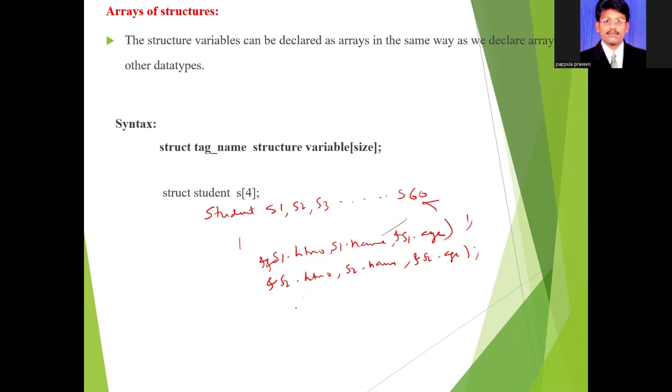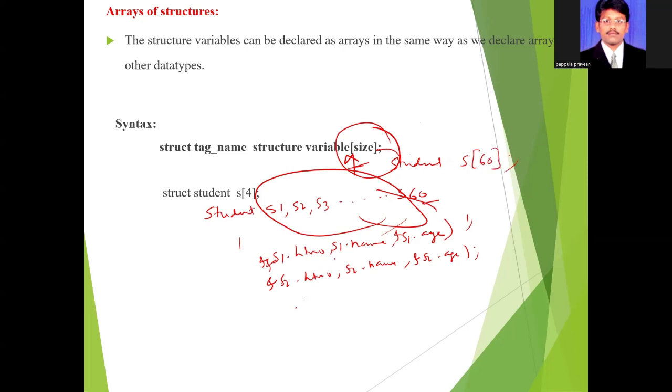So instead of these 60 variables, we create one variable, that is called the array of structure. Same thing is repeated, but we are adding one term, that is the square bracket size. So instead of these 60 variables, I want to create student s of 60. That's it. Then i value is 0 for the first student, i value is 1, i value is 2, and so on. i value is 59 for the last student.